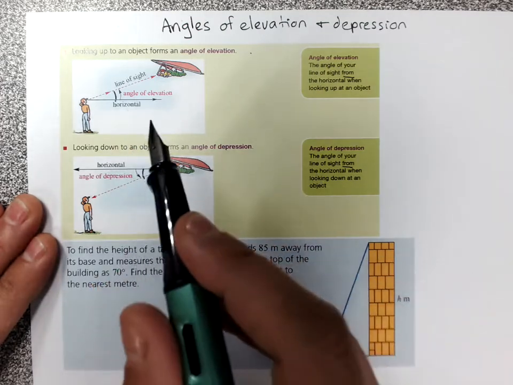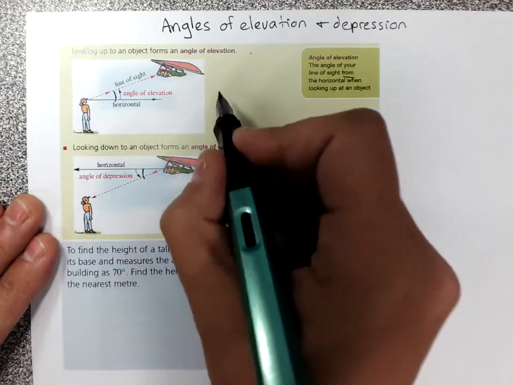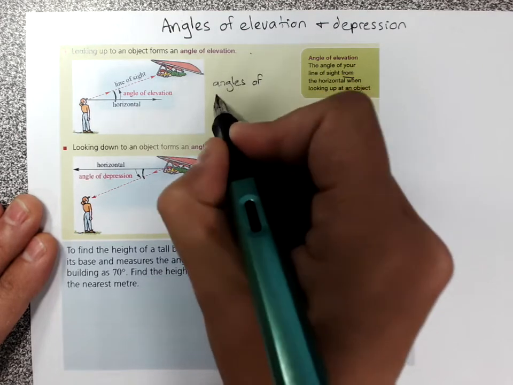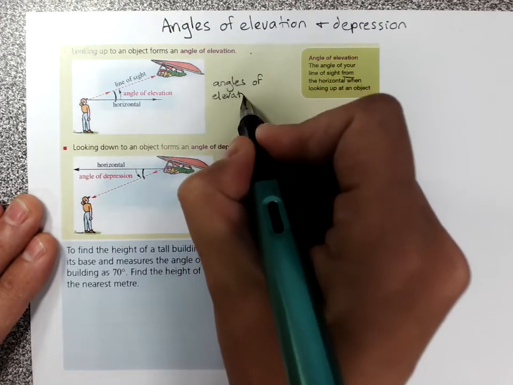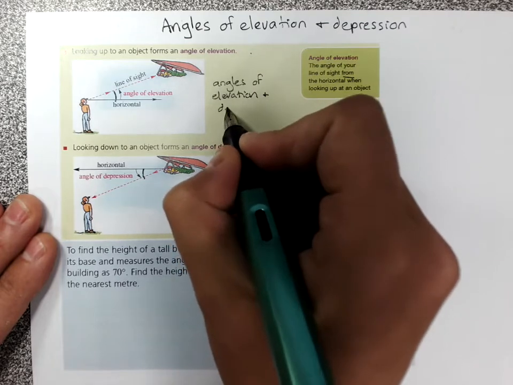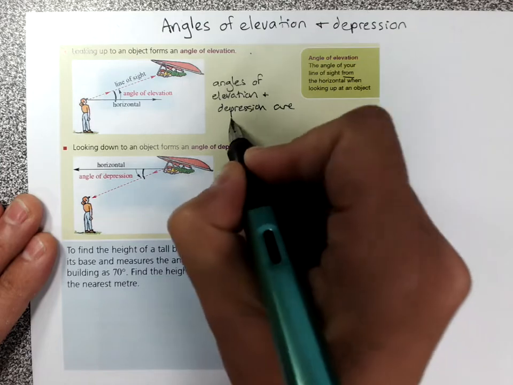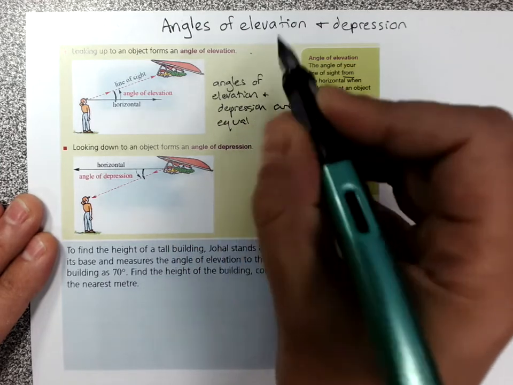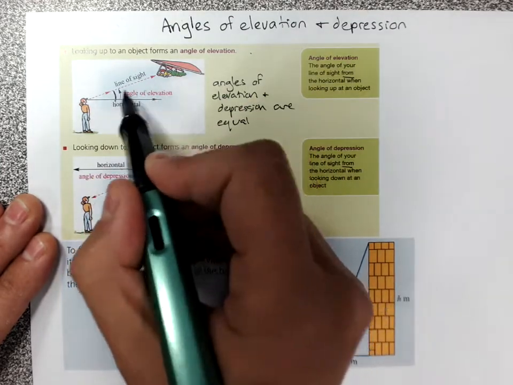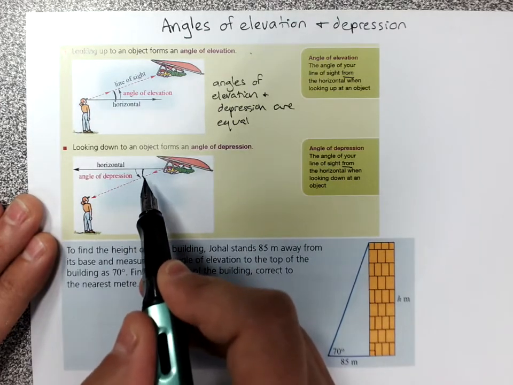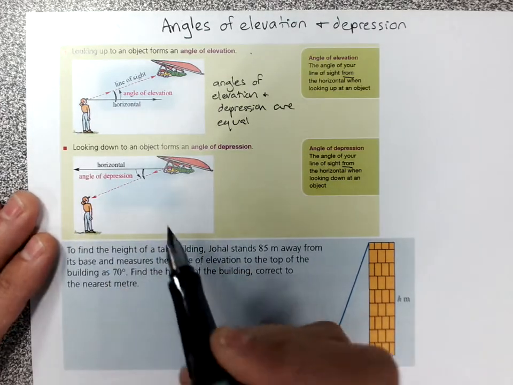Angles of elevation and depression are equal. So this angle of elevation, looking up at the hang glider, is the same as this angle of depression, looking down at the person.